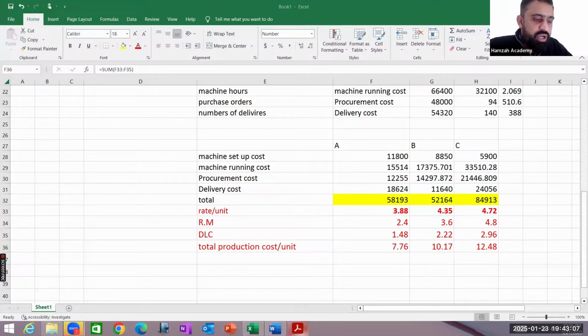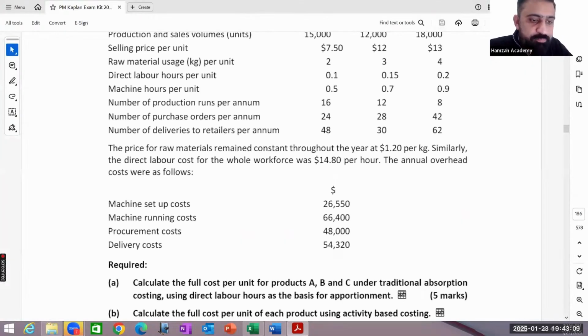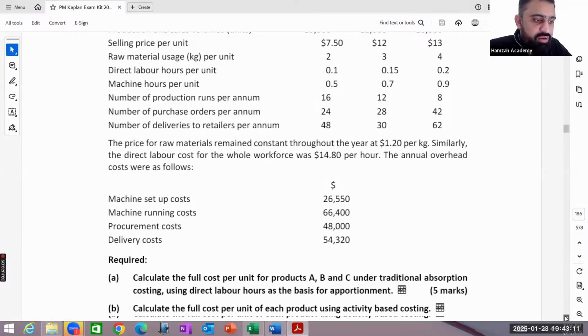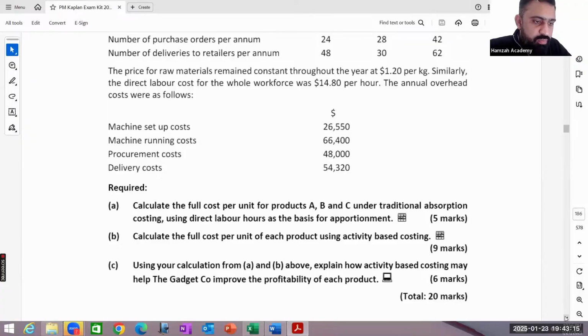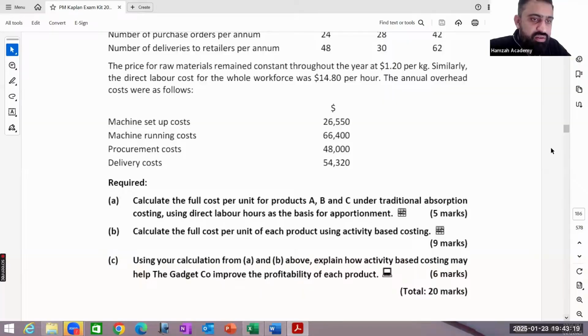So hopefully you now have a better idea of the difference between ABC and the traditional absorption costing system.